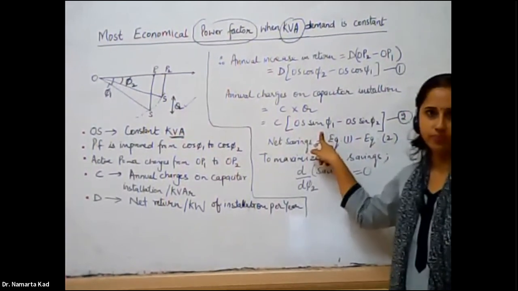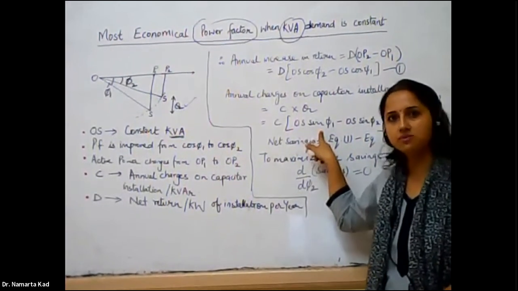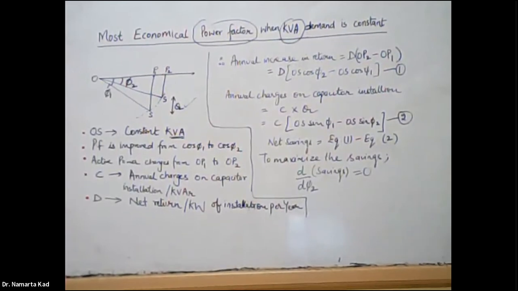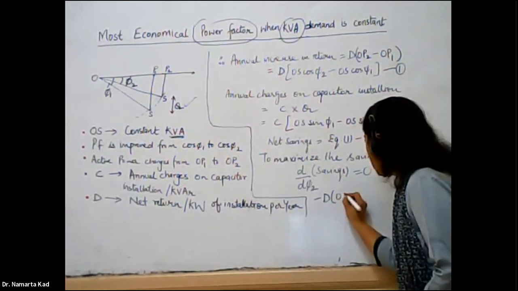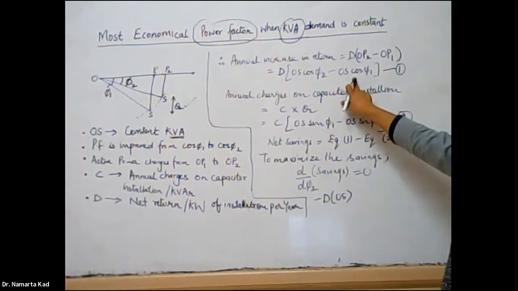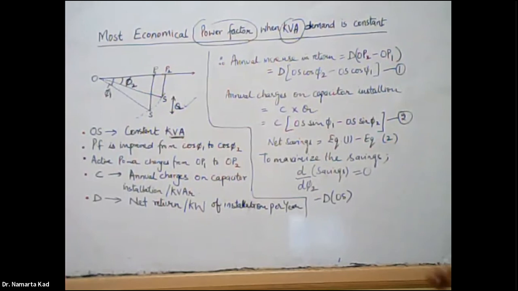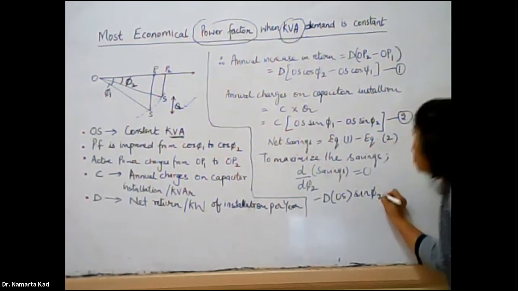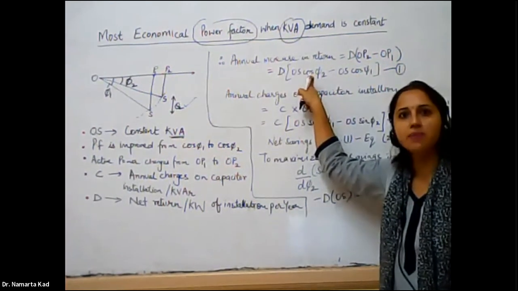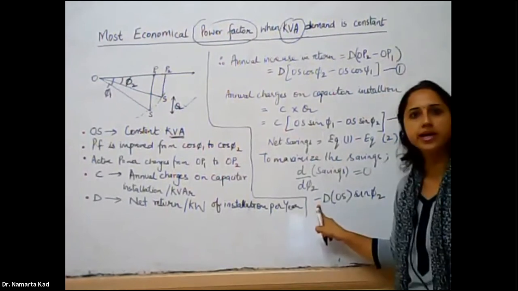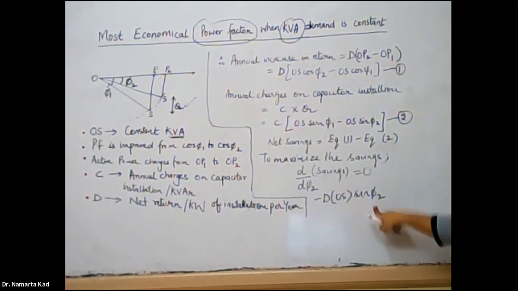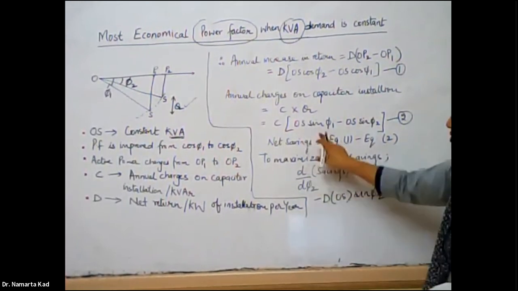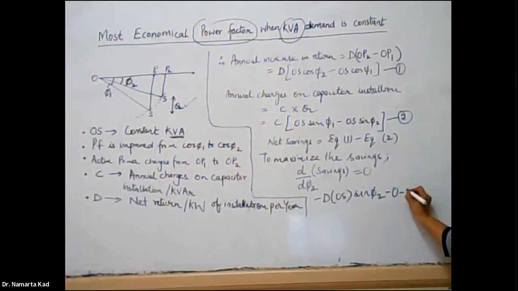Writing the answer directly, it comes out to be minus D into OS sine of phi 2, because we know the differentiation of cos is minus sine, which is why the negative sign comes. The other components again become 0.